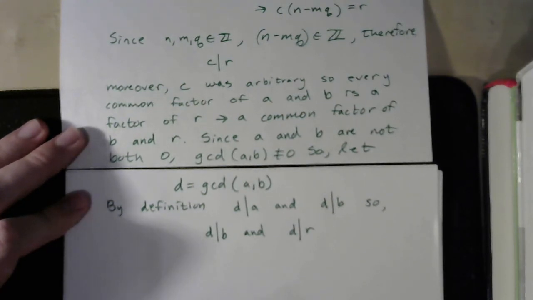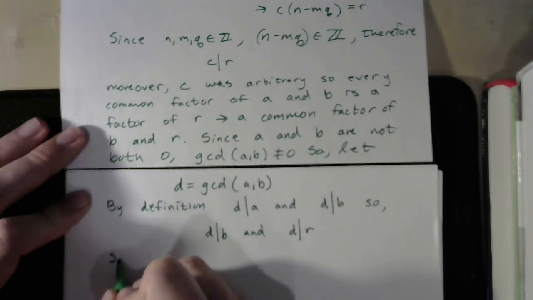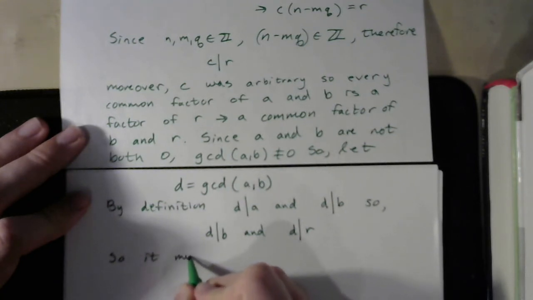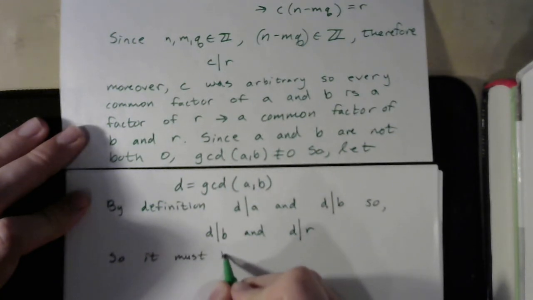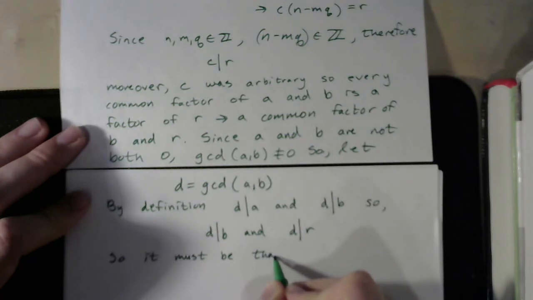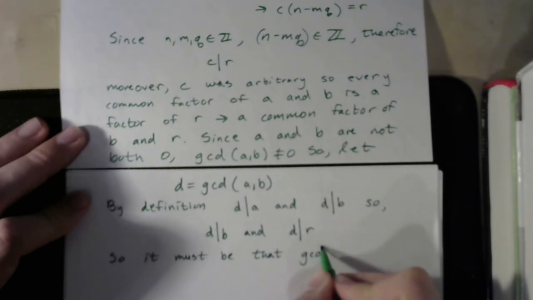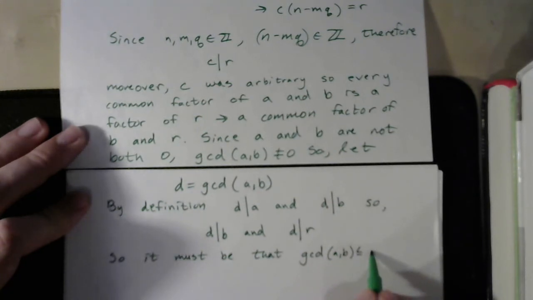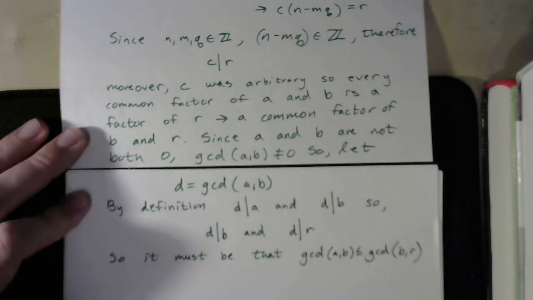It's not quite, because we haven't guaranteed it, and we don't need to. All we're trying to say here is that it must be the case that the GCD of A and B is less than or equal to the GCD of B and R.